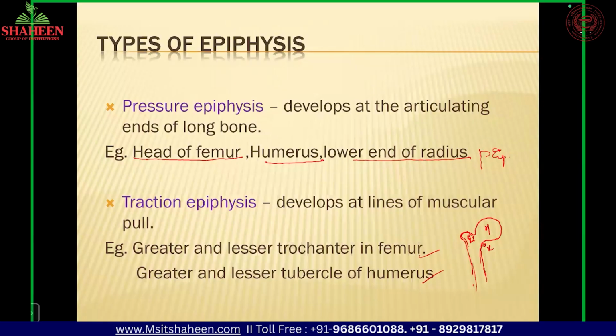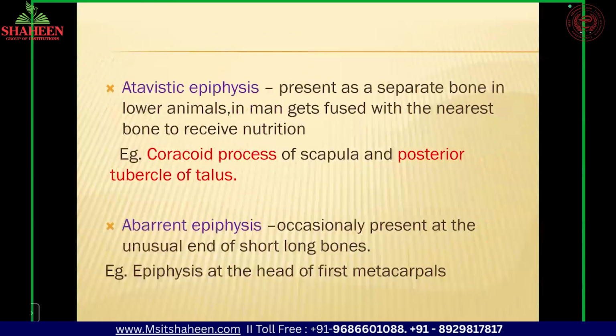Now you just concentrate on what is traction epiphysis and what are the examples. When you learn the femur in detail, you will come across all these trochanters. Then in the case of humerus, you will see the tubercle and all. I didn't include any pictures of trochanter and tubercle in this slide.